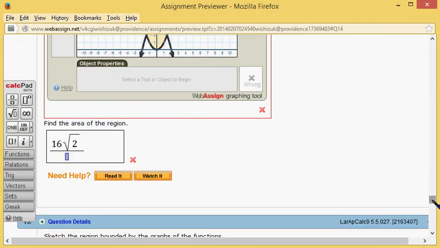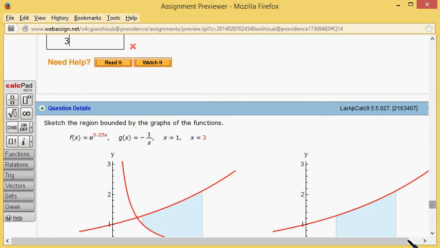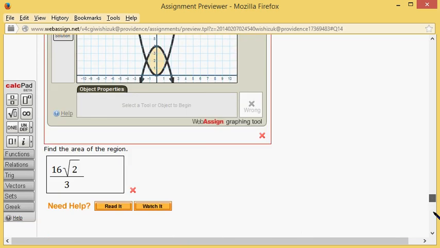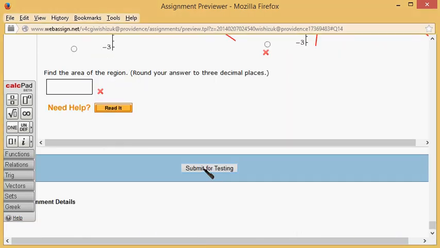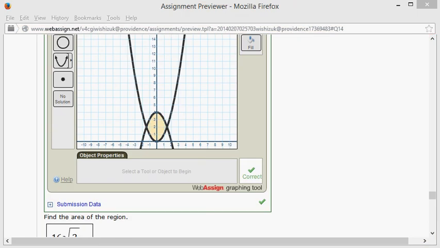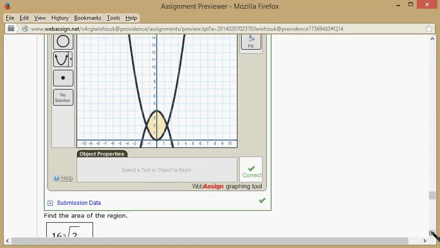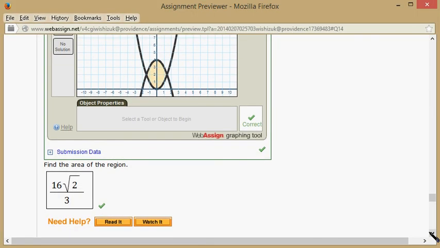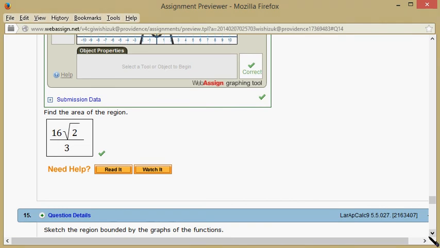Yep, 3. Let's check the answer. It came back, so it looks like we got the region correctly and the area correctly. That's it. I hope that this was clear.